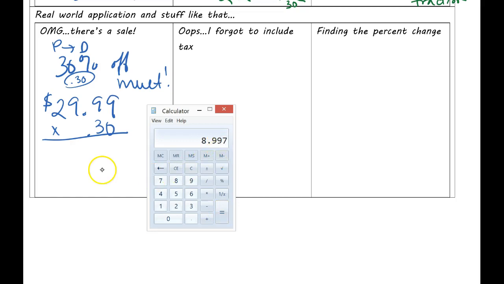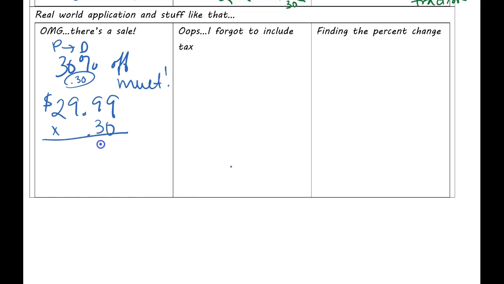Okay, what will that round to? Well, in my book, that rounds to about $9, once you round it, okay? And so that right there is how much you can take off. So take off $9. So if the price was $29.99, then this is actually going to cost you $20.99.